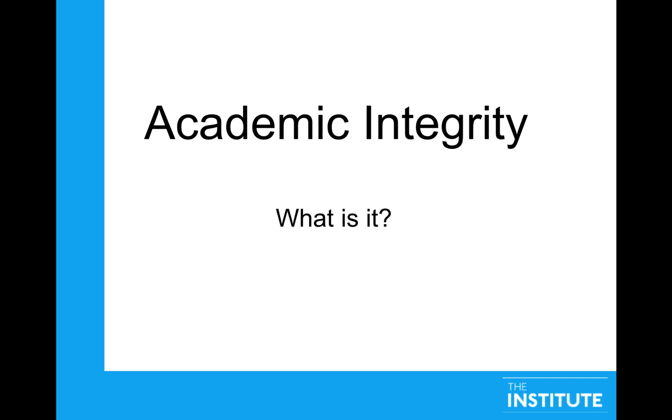But in the majority of cases, it's not that people intentionally pass other people's ideas off as their own. It's often that they don't understand how to cite or quote sources correctly and do it by accident. Unfortunately, that's just as serious. So it's really important that you understand how to cite and quote sources correctly.